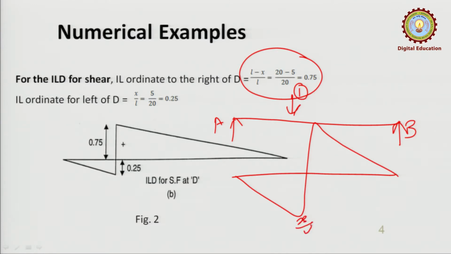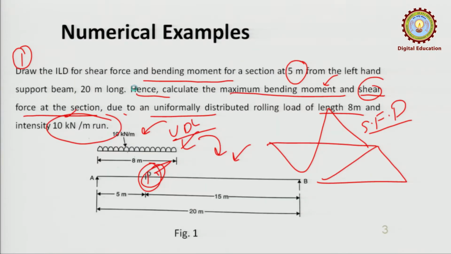That ordinate was x by L and the other ordinate was L minus x upon L. We can easily put the values. The section is at 5 meter and 15 meter.